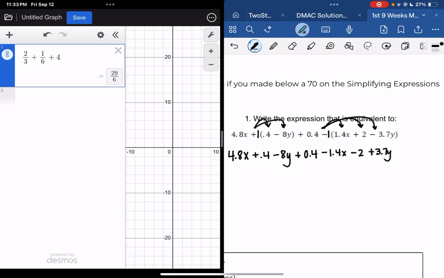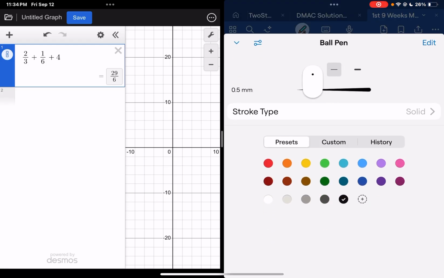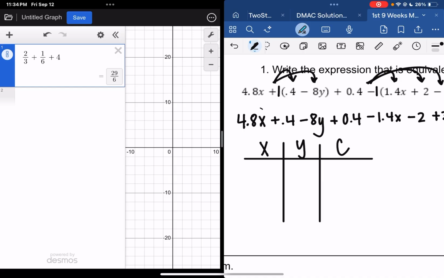Then you can create your table if you would like. So I have x's, I have y's, and I have constants. The 4.8x goes under the x's. This 0.4 goes under a constant.